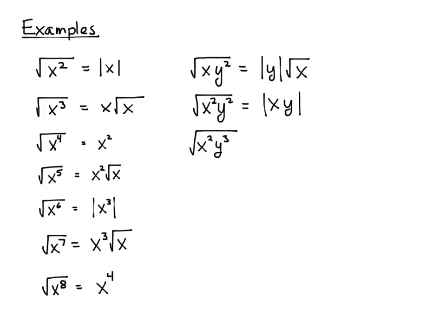So we have a domain restriction on y, but not on x. And so when we simplify that out, we only need to put the absolute value sign around the x, because the y already has to be positive in order for this square root of y to work.